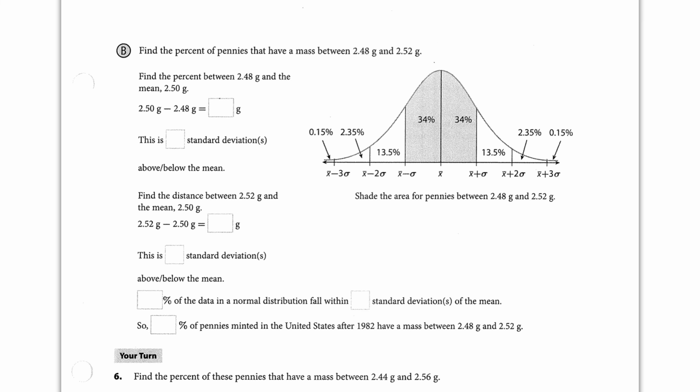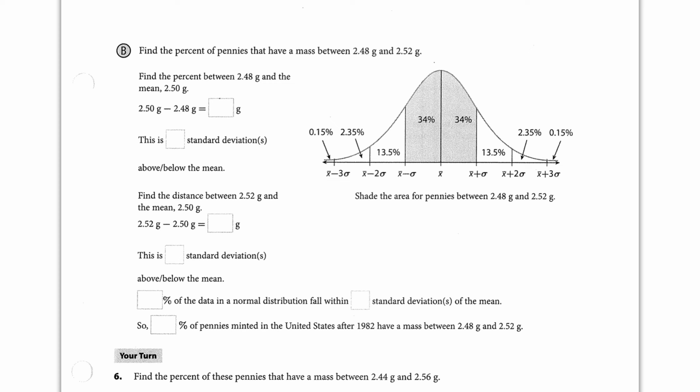Now we get to find the percent of pennies that have a mass between 2.48 and 2.52. So we're finding the percent between 2.48 and the mean 2.5.